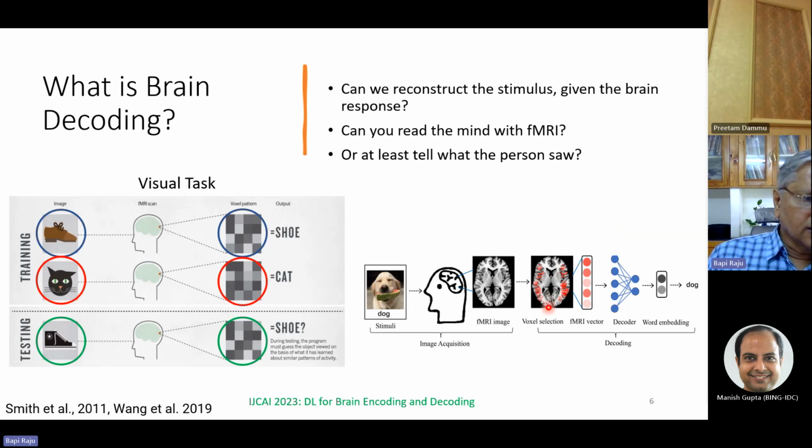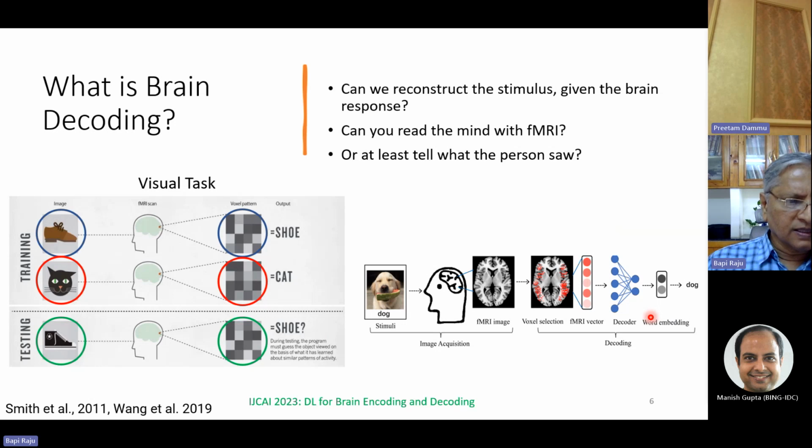Given the activity in these selected regions and voxels and the corresponding activation vector, can we use a model decoder to predict the representation of the word that has actually caused this activity? The stimulus representation is in the form of a word embedding instead of simple category information. This is also a part of decoding. And in the next stage, we actually reconstruct the word that corresponds to this embedding.